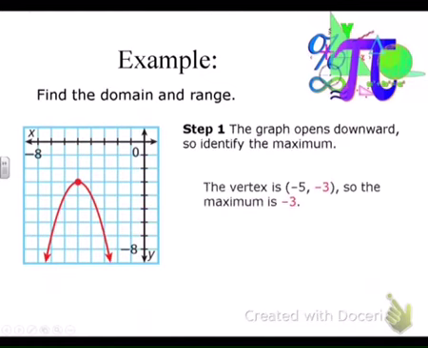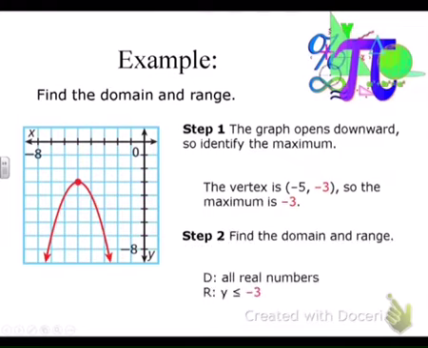So the graph opens downward. We find the maximum. The vertex is here at -5, -3, so we know that -3 is the maximum. So to find the domain and range, we know that the domain, once again, is all real numbers, and the range is everything down here below -3. So we say all the values of y that are less than or equal to -3.